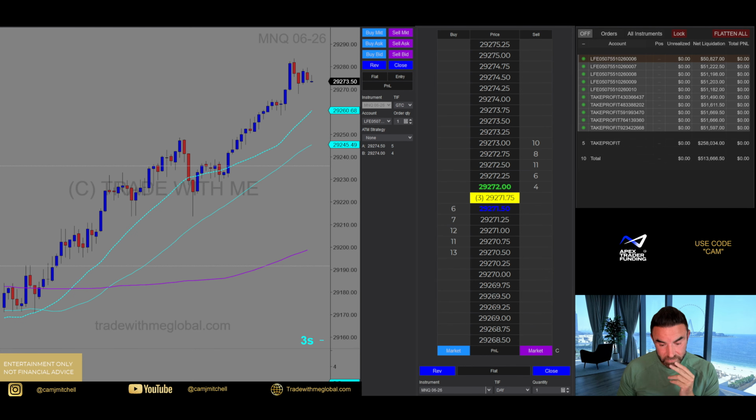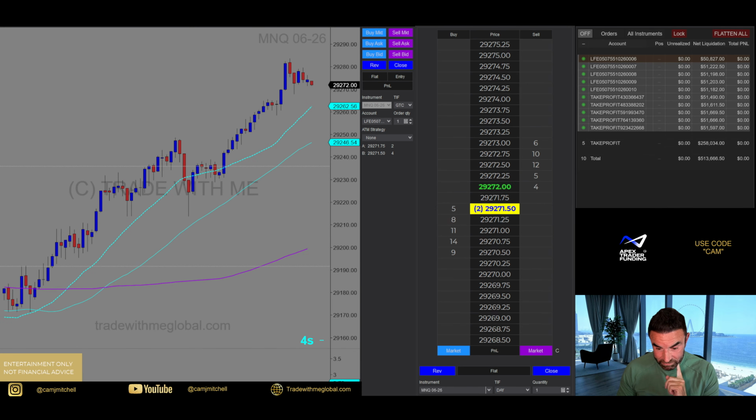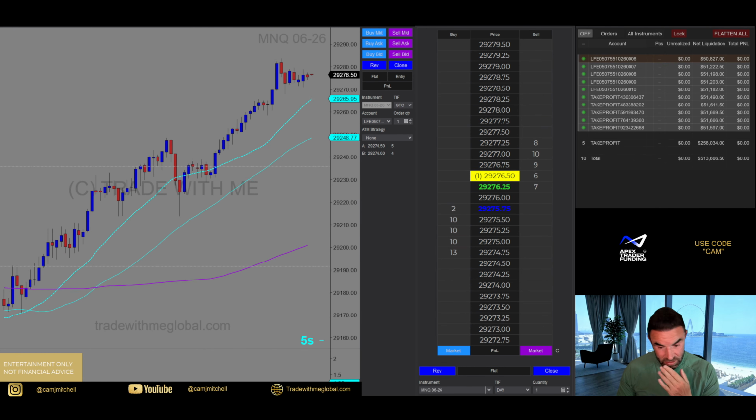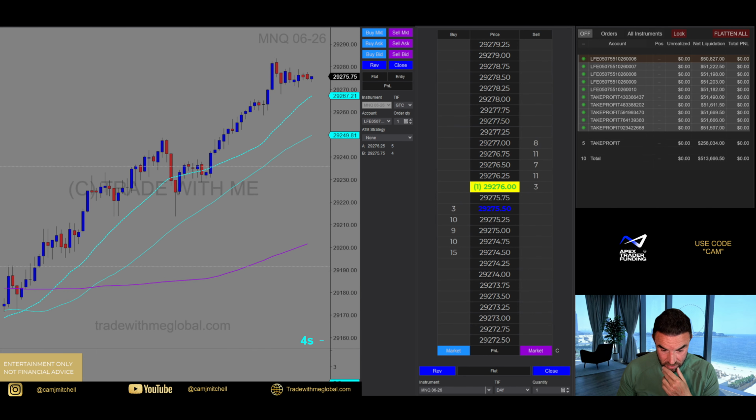Well, hope someone took something. There's not really much to take from a rules perspective, but it's just not trend time bar, that one. The fact that we gapped down so much on the open.